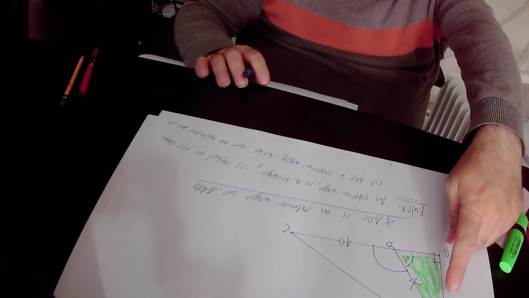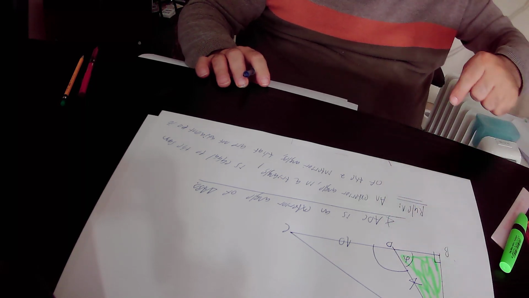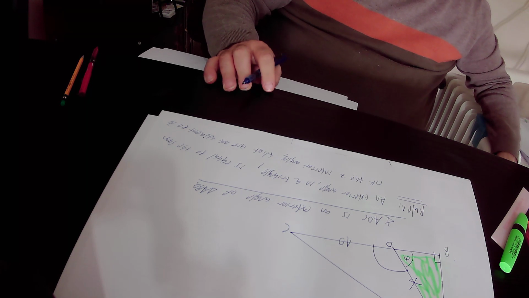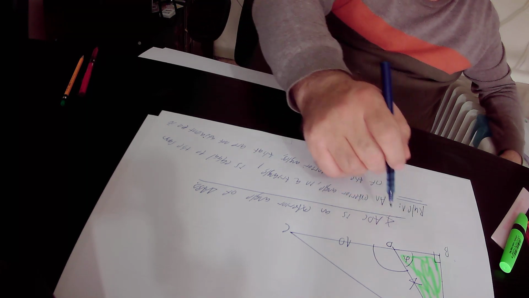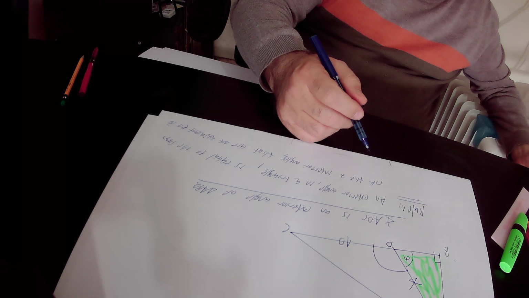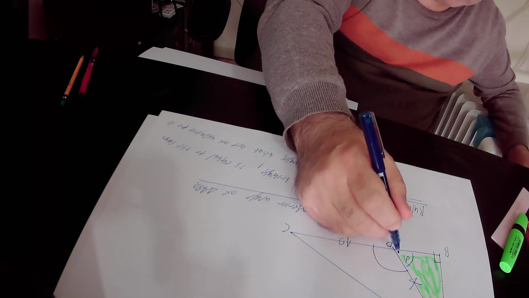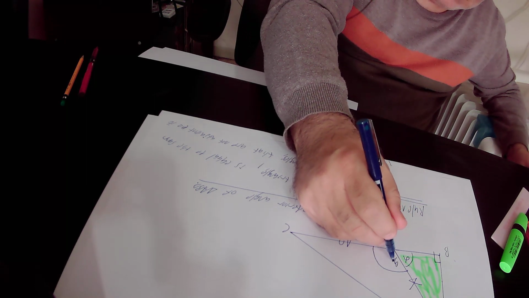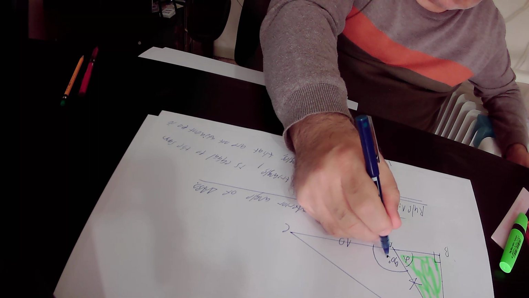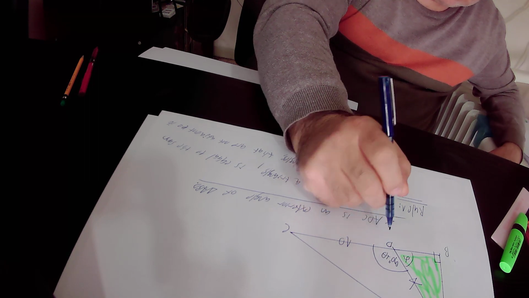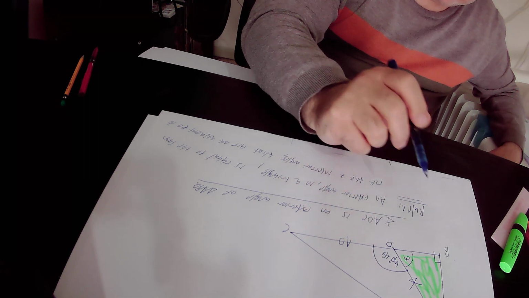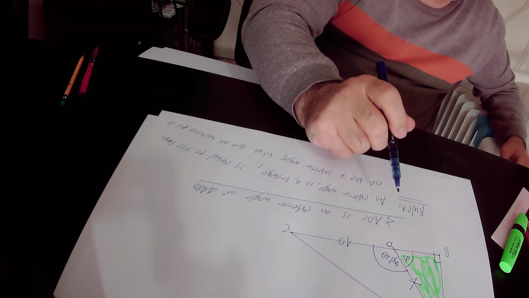So those two angles, theta and 90 degrees, are not adjacent to the exterior angle ADC. And according to rule number 1, 90 degrees plus theta is the size of the exterior angle, angle ADC. Okay?